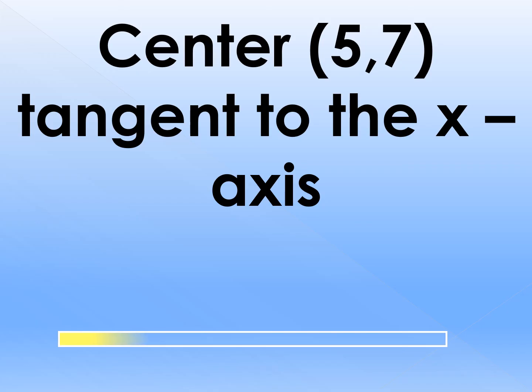Okay, just always remember if it is tangent to the x-axis, we just simply use the value of k. And if it is tangent to the y-axis, just only use the value of h. Since it is tangent to the x-axis, use the value of k for radius. Okay, stop.